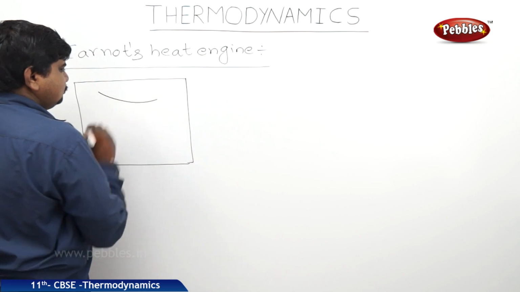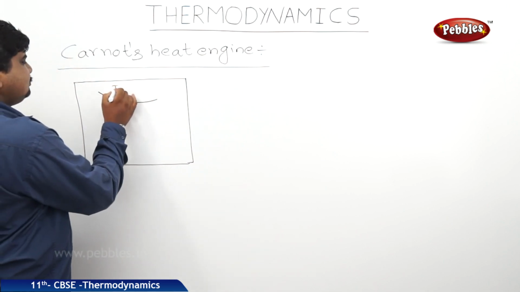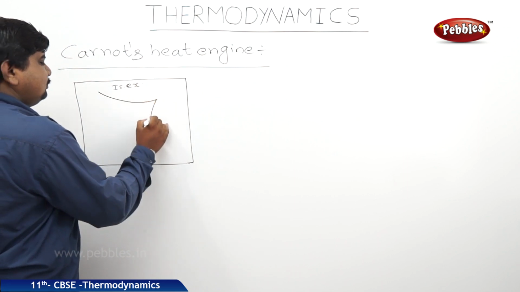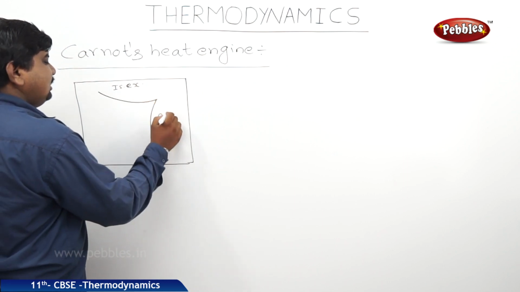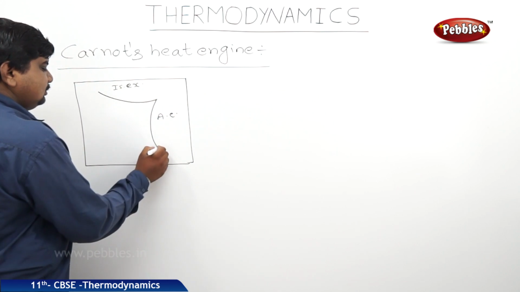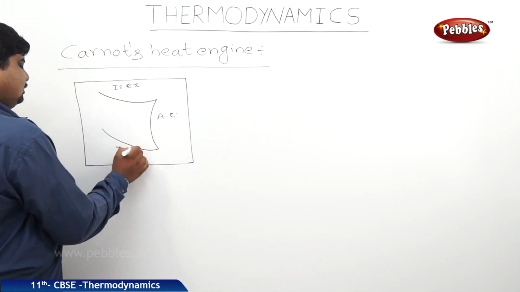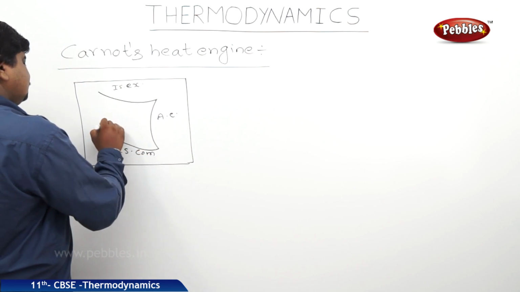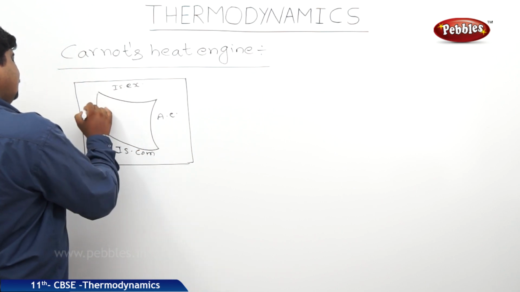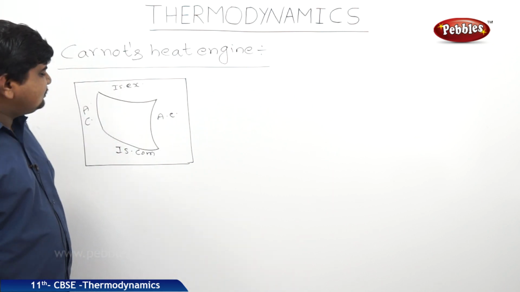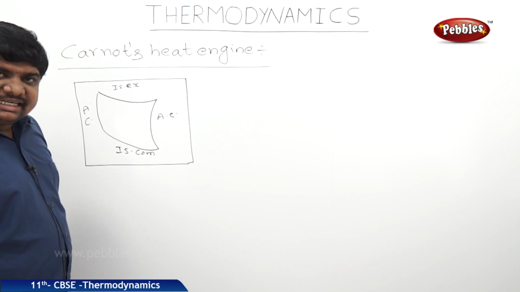Step 1 to 2 is isothermal expansion. Step 2 to 3, adiabatic expansion. Step 3 to 4, isothermal compression, and step 4 to 1, adiabatic compression. These are the 4 steps involved in Carnot's heat engine.